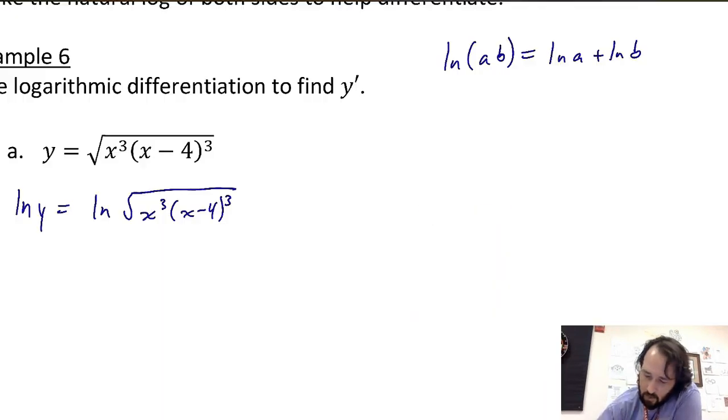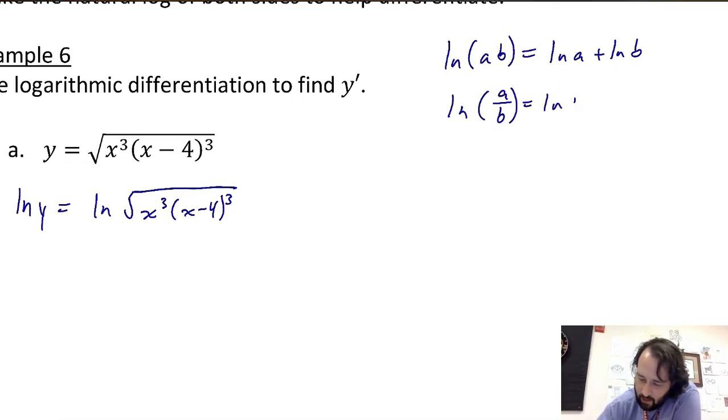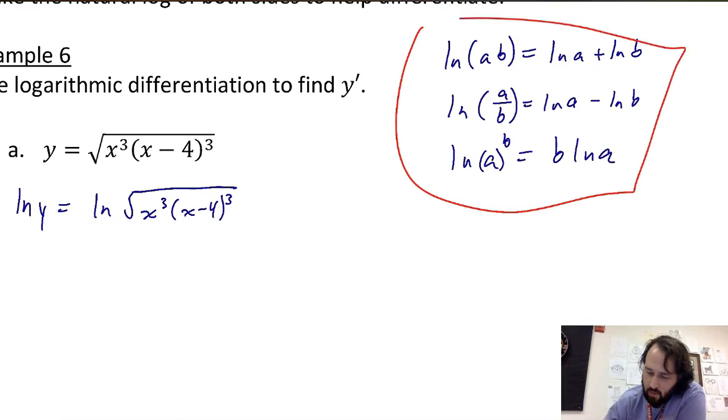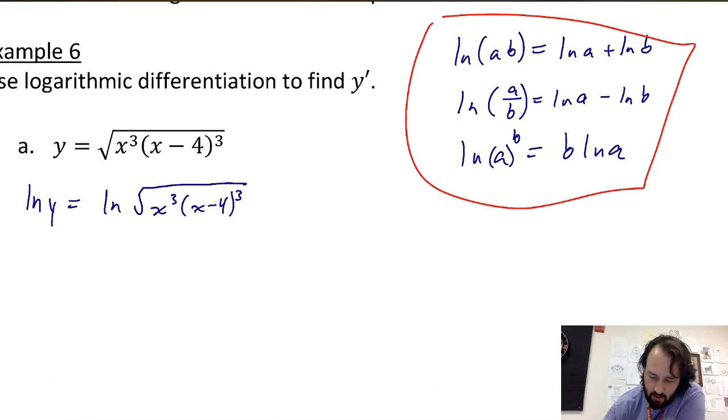If I have ln of a divided by b, that's the same thing as ln of a minus ln of b. If I have ln of a to the b, where that exponent is on the a, this is the same thing as b times ln of a. Those are properties that you guys learned in pre-calc. These are properties of logs that are very important. You also have the change of base, but we're not going to use it that much in this stuff.